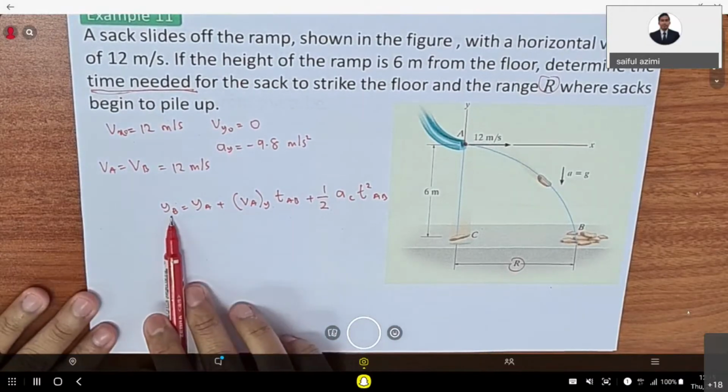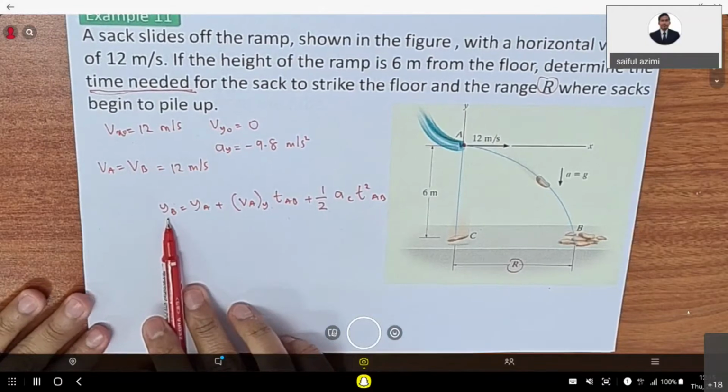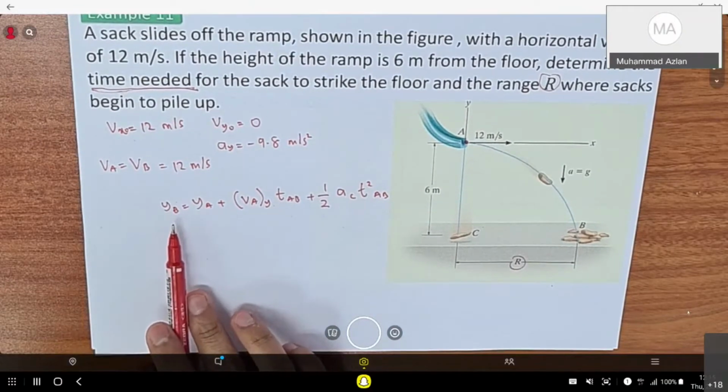So what is the value of YB? Negative 6, right?